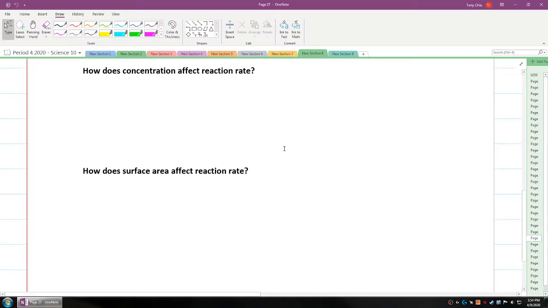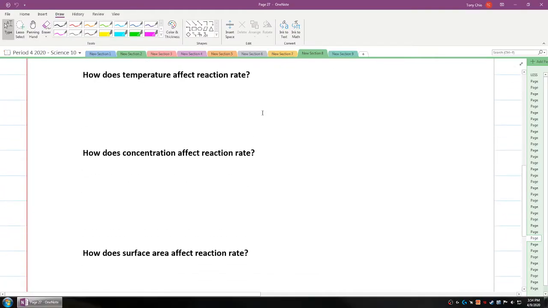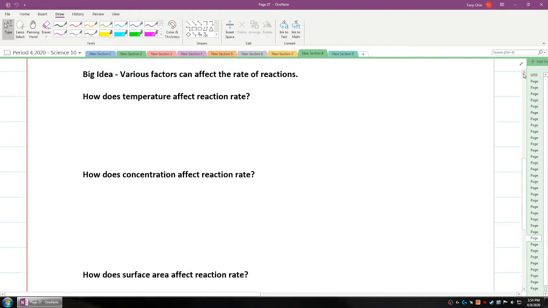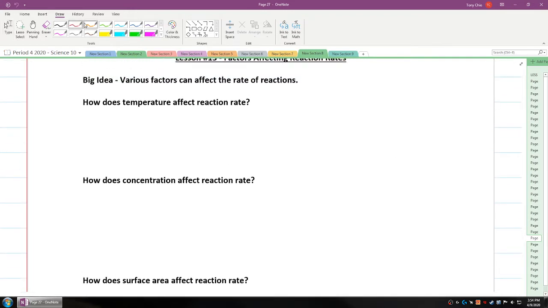Now, if we look at the first factor, how does temperature affect reaction rate? We have to talk about the fact that when you increase or decrease temperature, you can actually change how fast a reaction will take place. The key thing here is that when we increase temperature, this will lead to an increase in reaction rate.